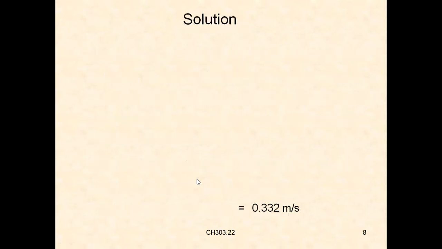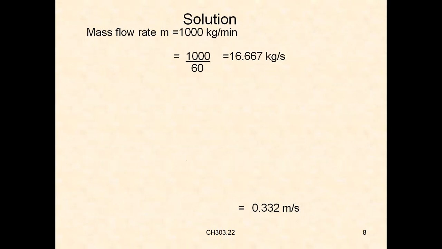So first write down the given data. Mass flow rate m is equal to 1000 kg per minute.